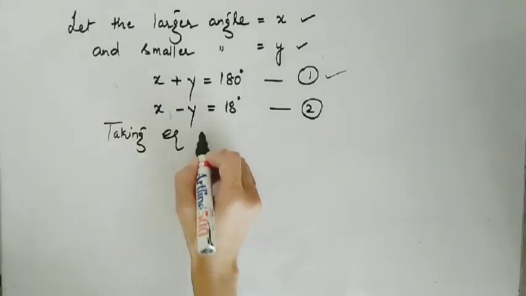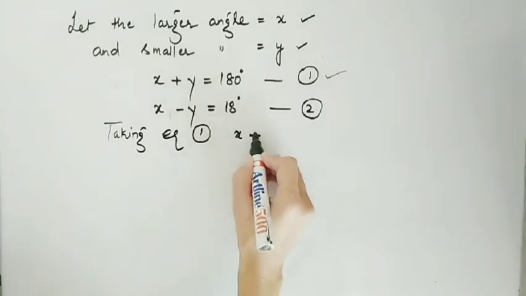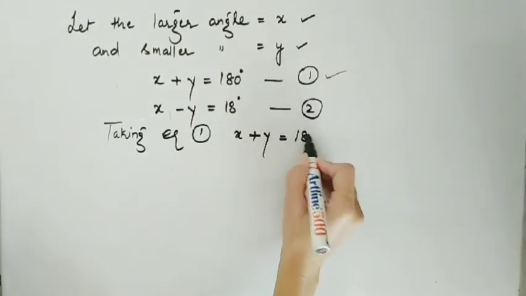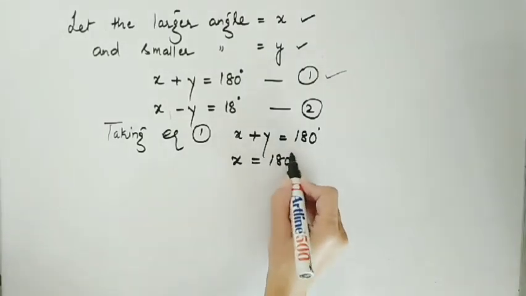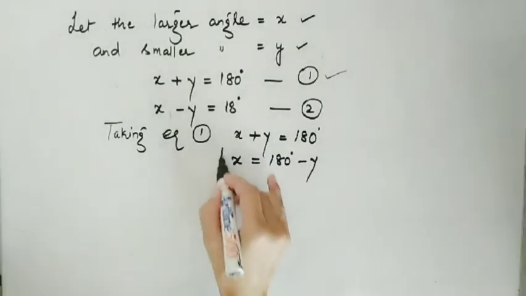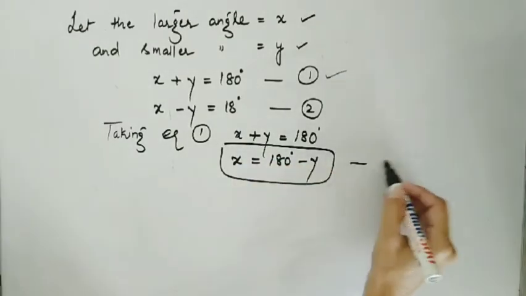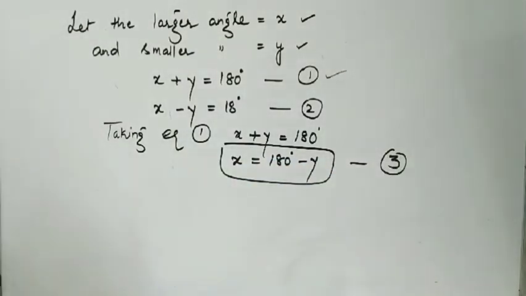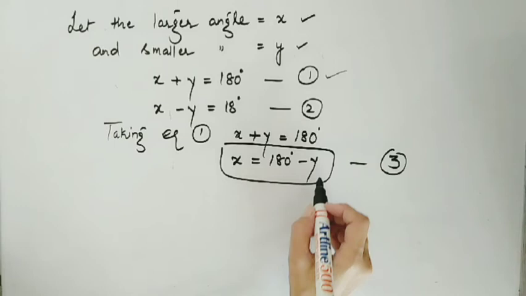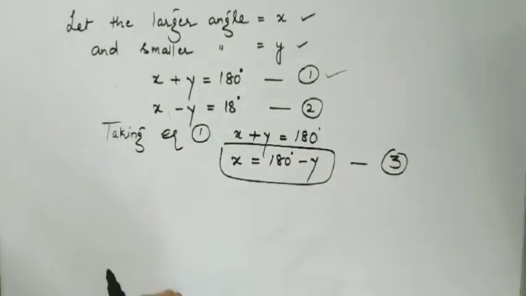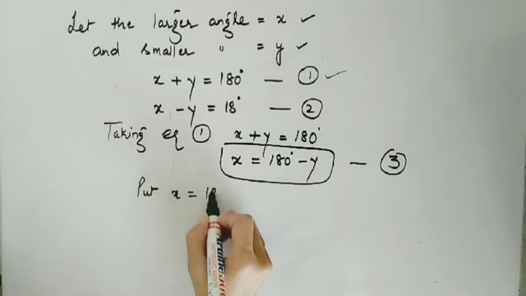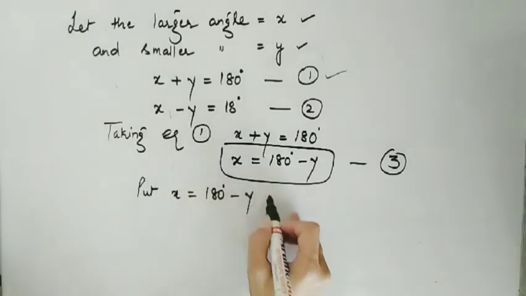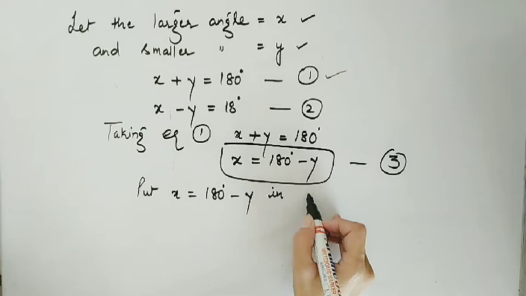Taking equation 1, which is x plus y equals 180, x can be written as 180 degrees minus y. This becomes equation 3. Now put the value from 3 in 2.